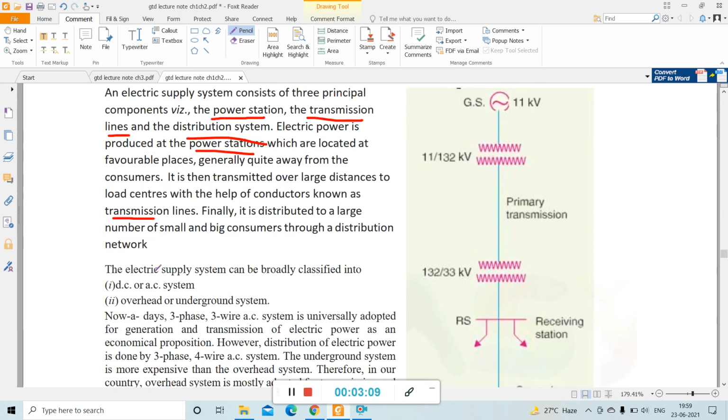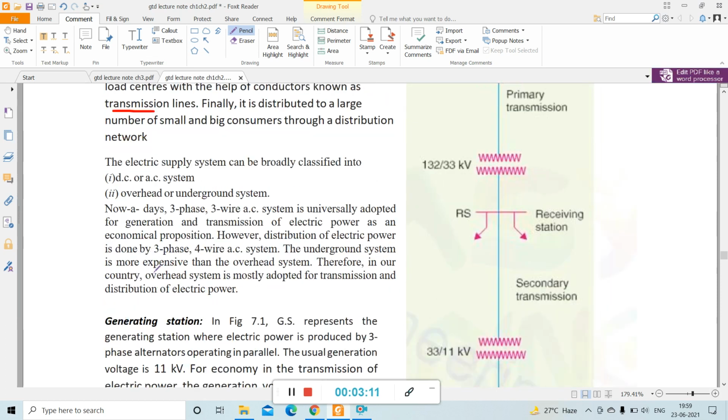Okay, the electric supply system can be classified into DC or AC system and overhead or underground system. Normally 3-phase 3-wire AC system is universally adopted for generation and transmission of electric power, as it comes under economical proportion.